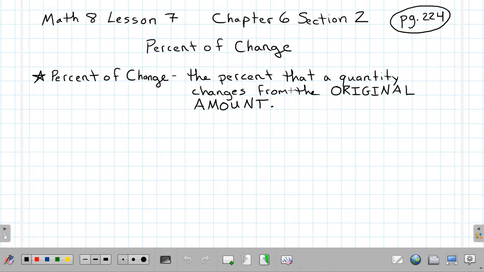So this section, we do have a formula, and this is going to be used for every single question in this section.